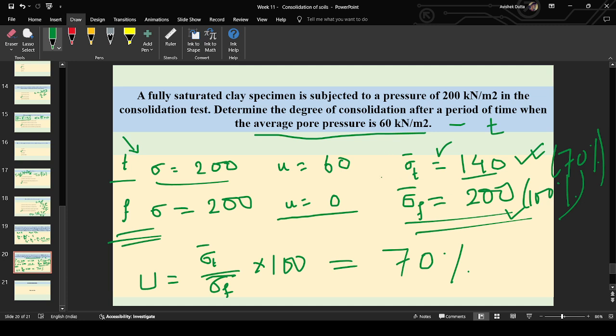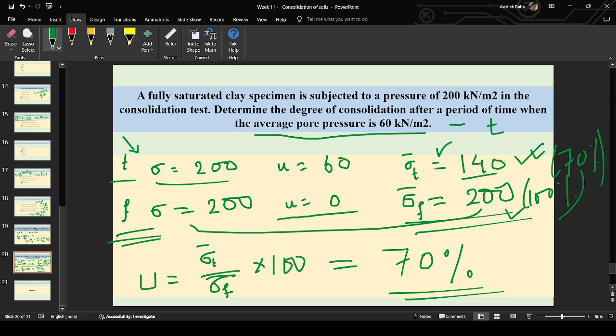Your calculation was correct, just a bit of a twist. You're not dividing this by this, you're dividing this by this. The problem here is that effective stress at the final stage is also equivalent to total stress always. Yes, total stress always, I know that. This is equal to total stress, it will always be.